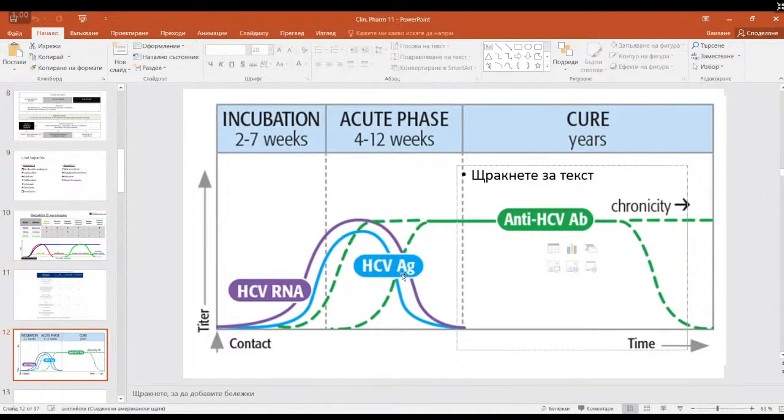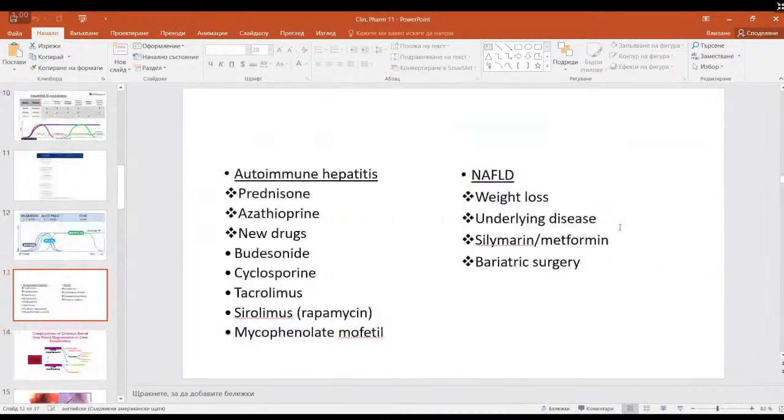Then we have the HCV antigen, and it usually starts going down after a couple of months. And then if the patient develops a chronic hepatic failure, he will usually have also anti-HCV antibodies.